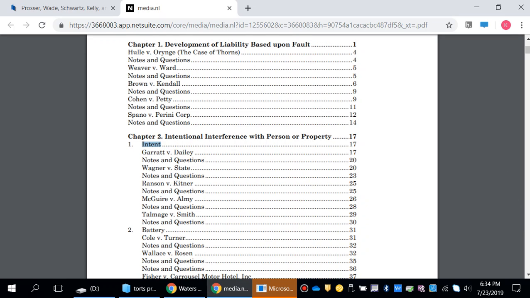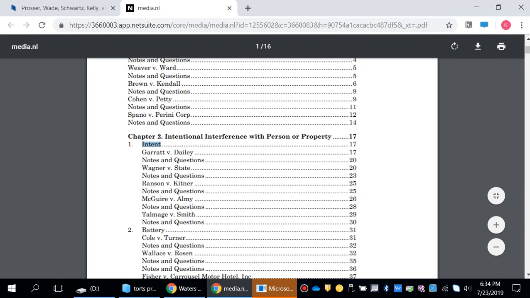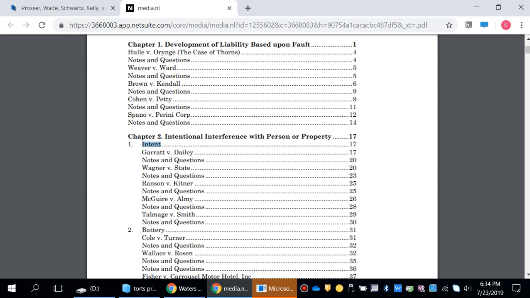Because they get stuck in the weeds, they have difficulty when it comes time to apply this concept of intent to a fact pattern on an exam, because they're so specific. They're using such specific examples, and they're not really determining for themselves what all of these cases had in common and how these cases together helped you understand this concept.